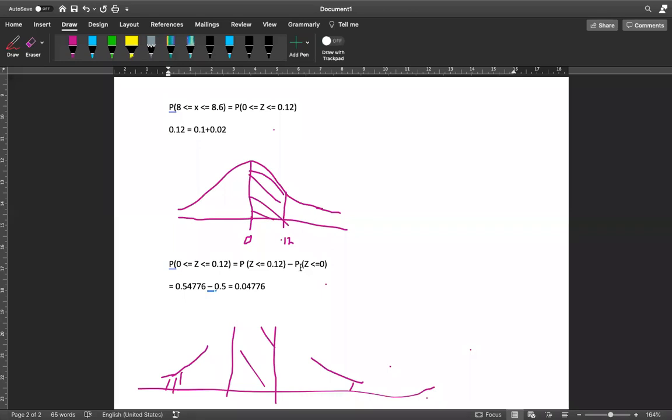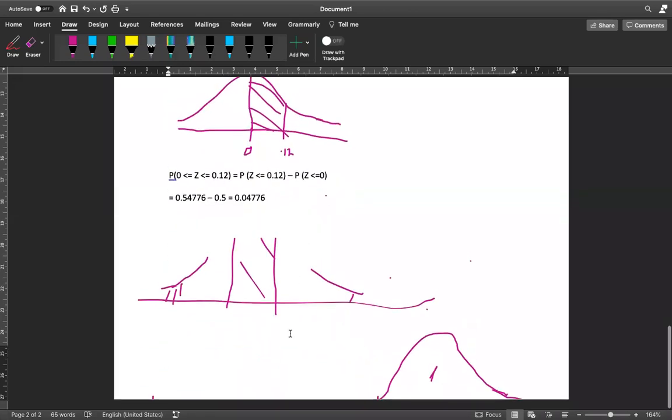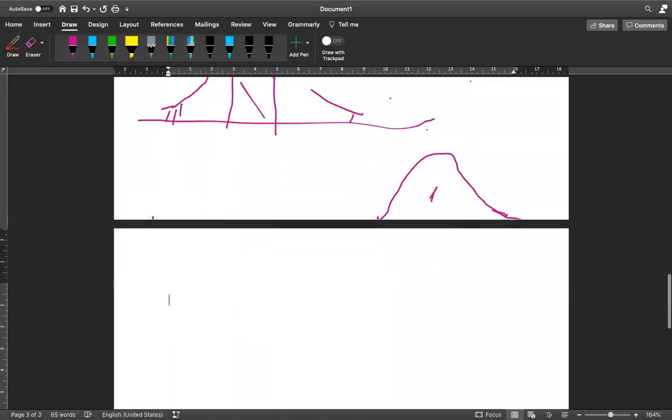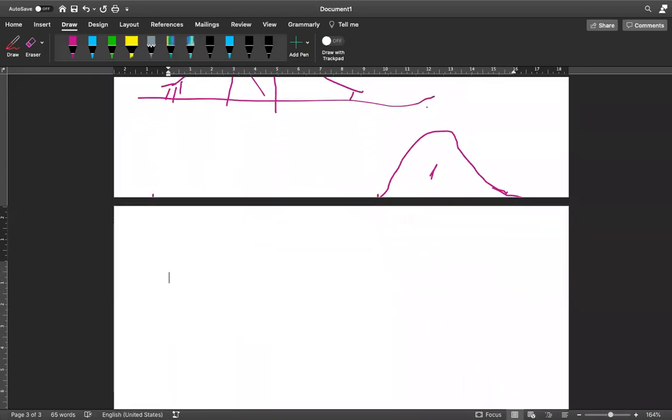Sir, please, you said with the symmetric distribution, the left side should be equal to the right. I said the area occupied by the left is the same as the area occupied by the right side.